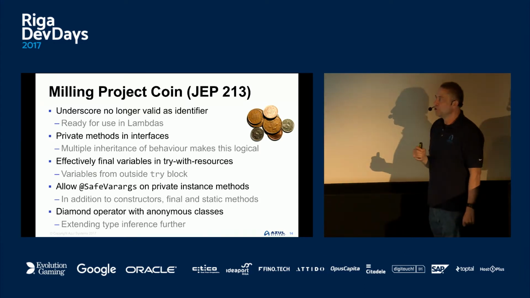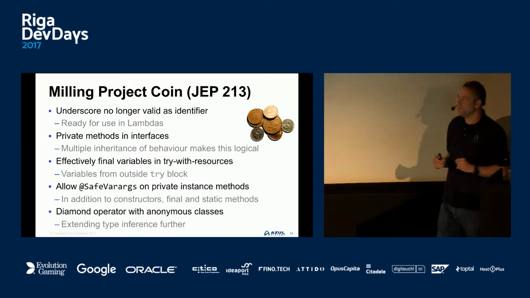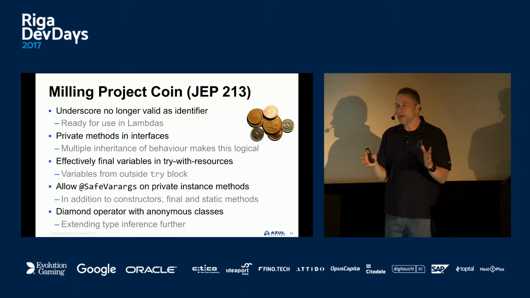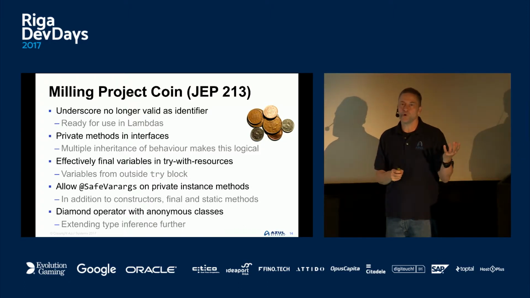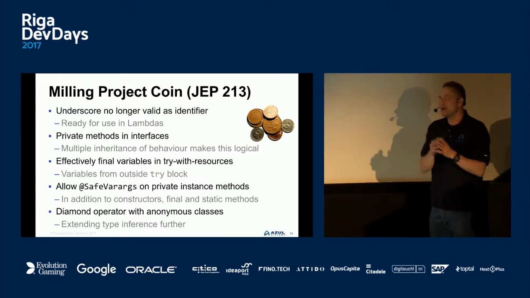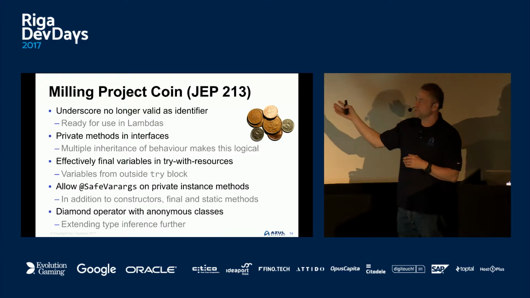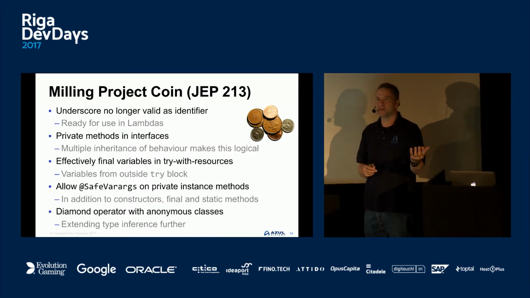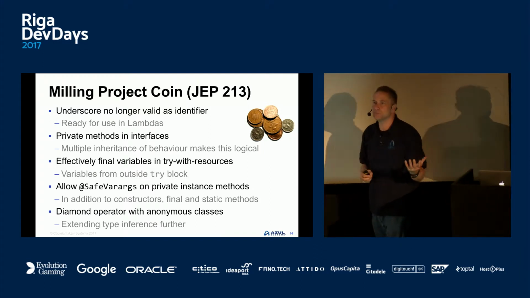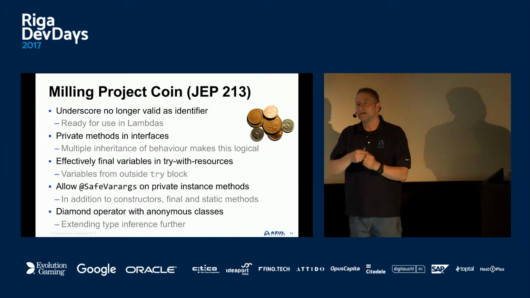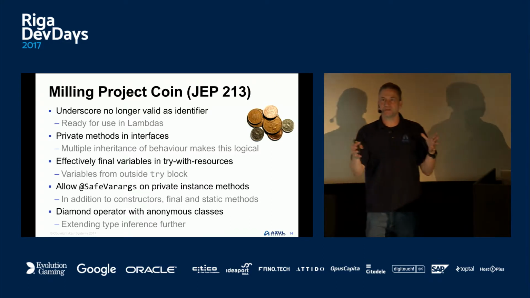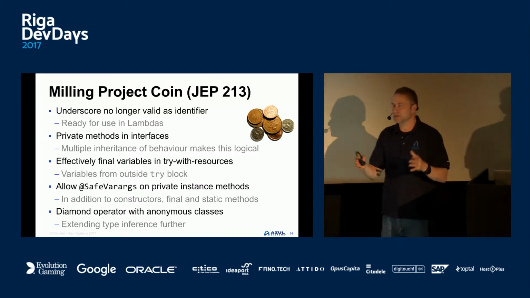Diamond operator with anonymous classes. This is where type inference is being extended. What happens here is that there are situations where you can have a diamond operator with an anonymous class where the compiler can determine what the type is in a representation that's understood by the compiler, but it can't represent it to the virtual machine because of the way that it's defined internally.